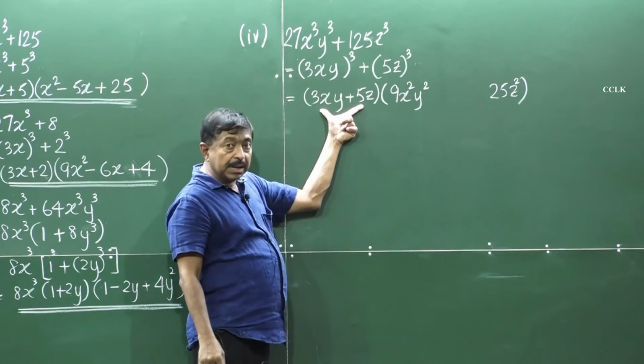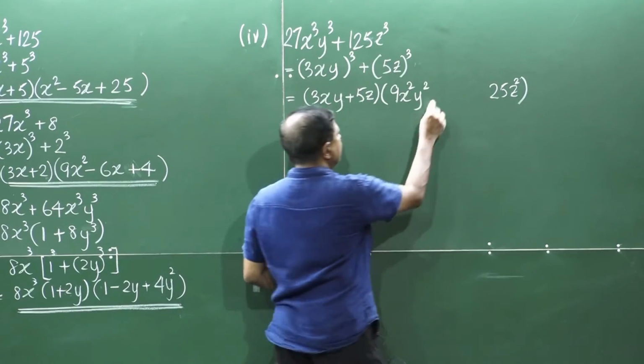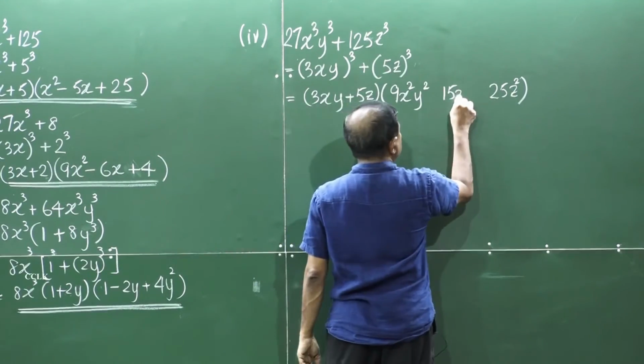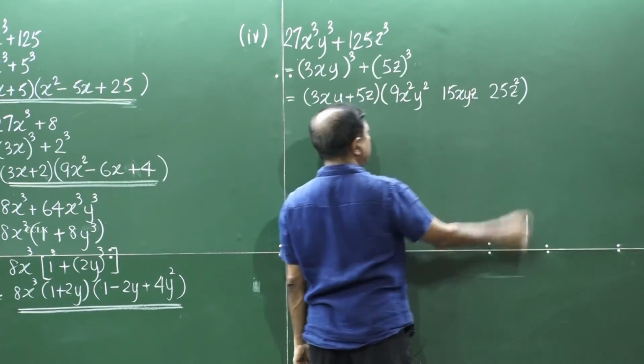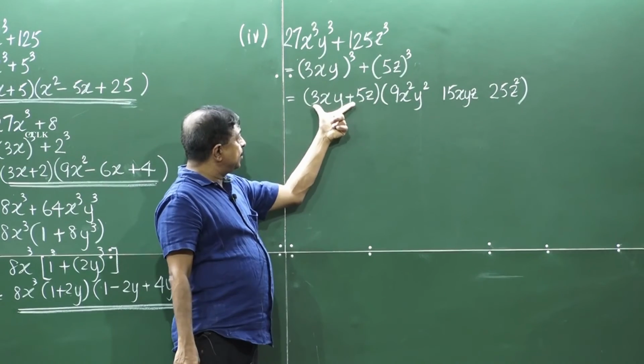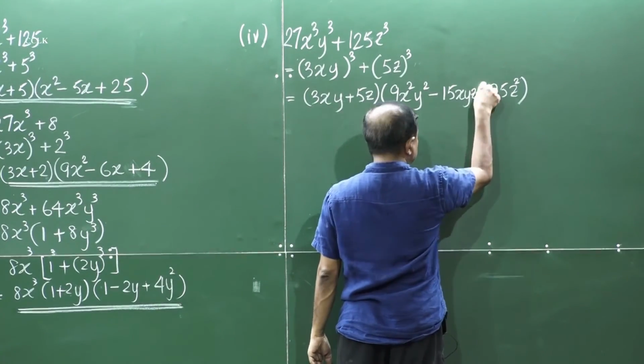Write the product in the middle. When you multiply the numbers, you get 15, variables x, y, z. Now, here the signs remain unchanged. Therefore, here you have to change the sign. I mean, alternate the sign.